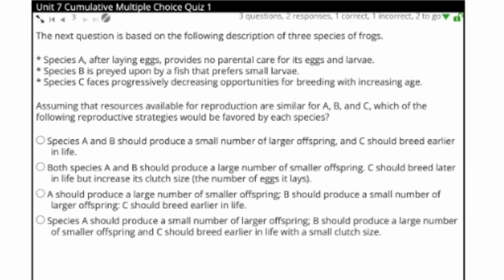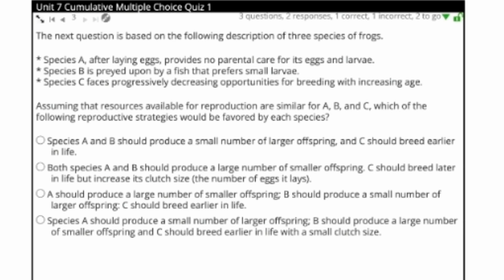Second choice, both species A and B should produce a large number of smaller offspring. C should breed later in life, but increase its clutch size, the number of eggs it lays. Third choice, A should produce a large number of smaller offspring. B should produce a small number of larger offspring.